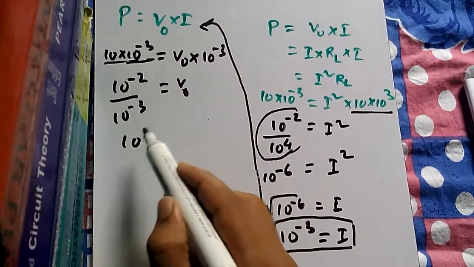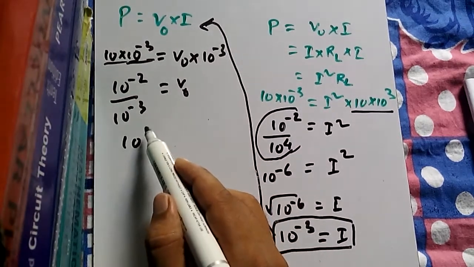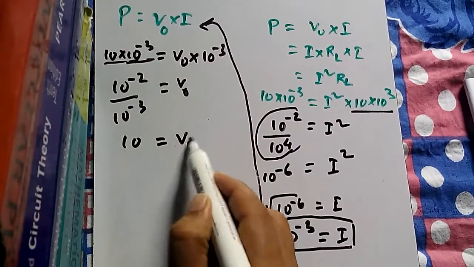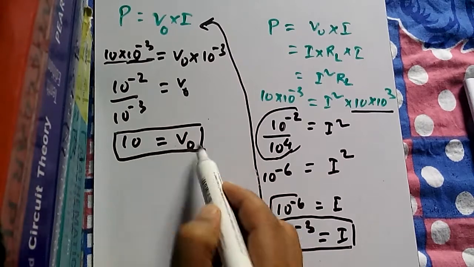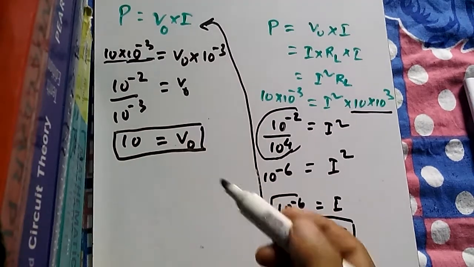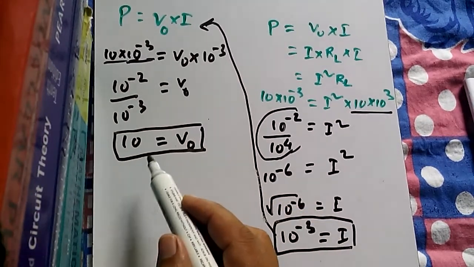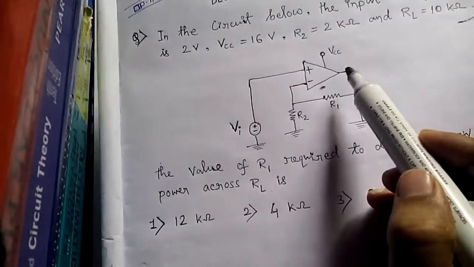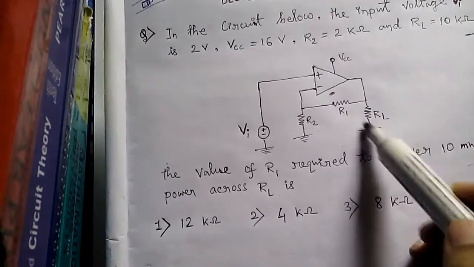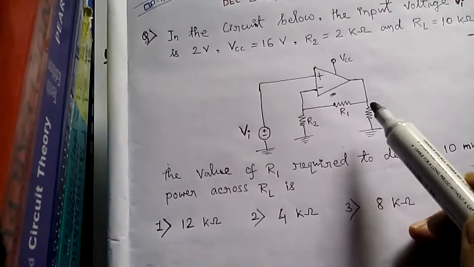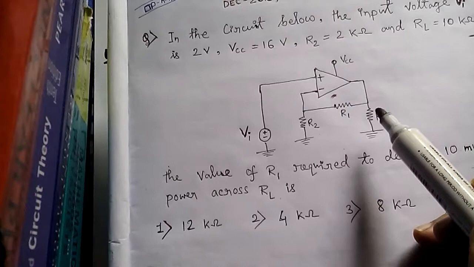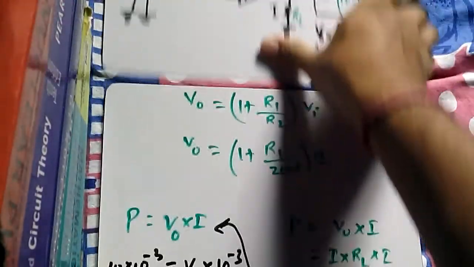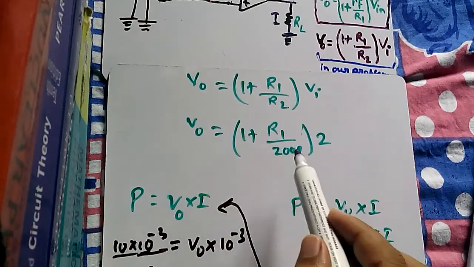So it is 10 to the power 1. Yeah, it is 10. So V0 is equals to 10 volt. Okay, so we have found out the voltage, output voltage of this circuit by using that power consumption situation.